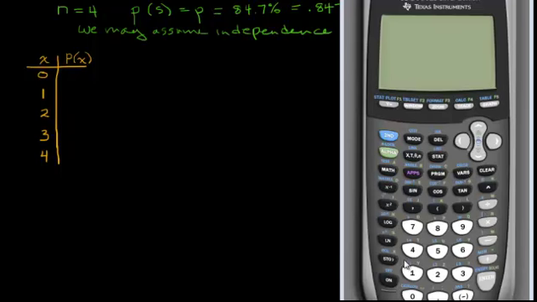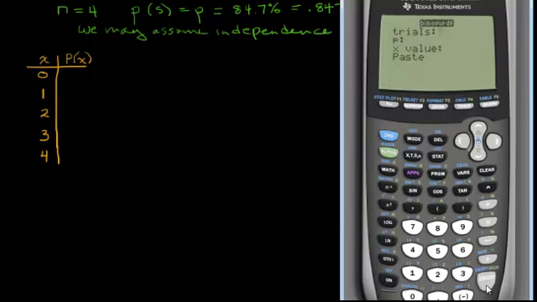It's a blue function key. Oops, second. There we go. Okay, and so we can tab down till we find binomial PDF, probability density function, and that's the one we want.